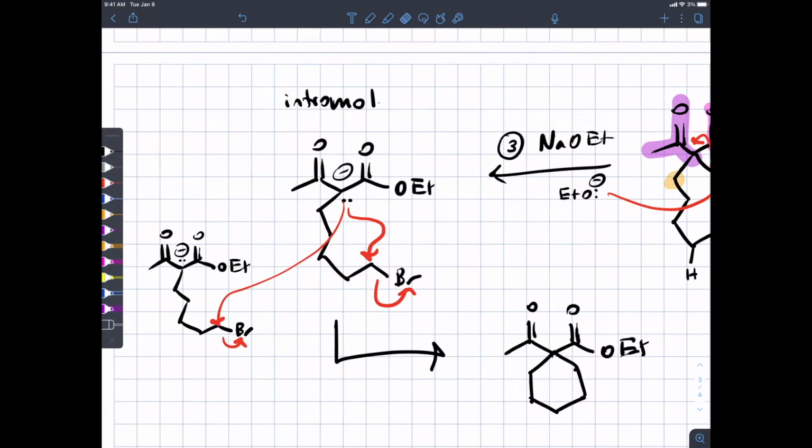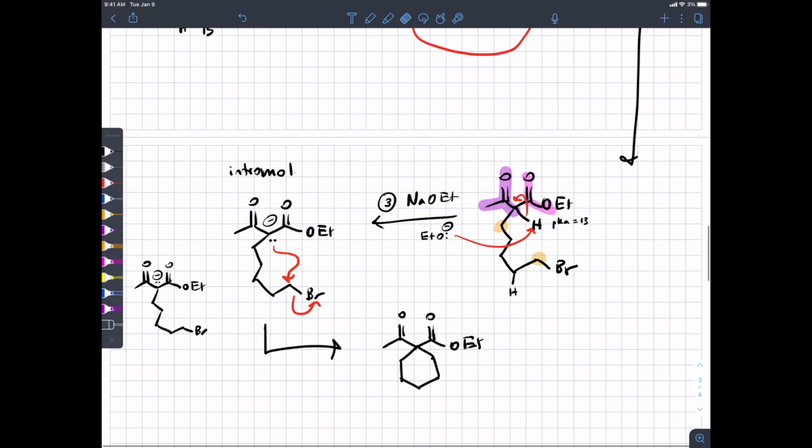Yeah, I think the thing that saves you from that is the fact that when we add the base, it completely removes the proton. So it's not like this enolate is swimming around at the same time with this molecule, which has the alpha proton.